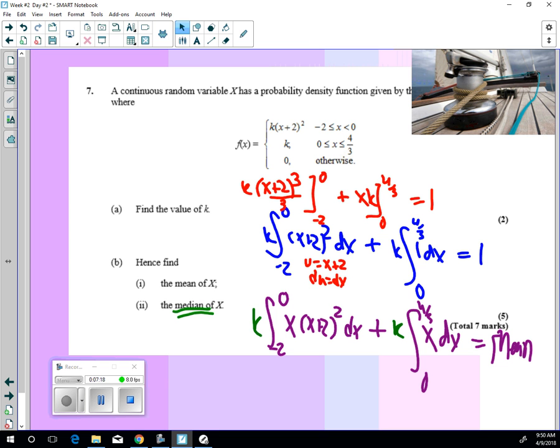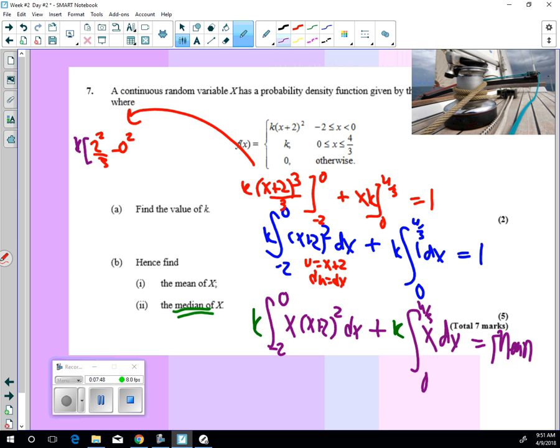So I'm just going to move over to here. And so it's going to be k times, let's see, I'm going to put a negative 2 in first, which will make this 0 minus... oh wait, negative 2 is not first. 0 is first, and that means I'm going to put a 2. 0 plus 2 is 2 squared over 3 minus 0 squared, or cubed, over 3.